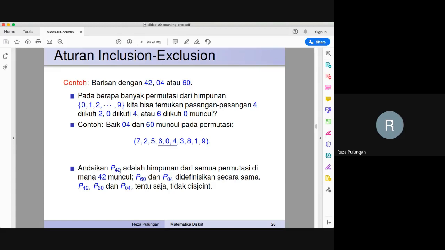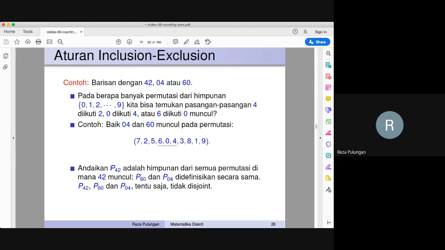So P42 is all of the permutations, but only those where 4 is followed by 2. We can also denote P60 and P04, which are defined in a similar way. So what do we have to do then?